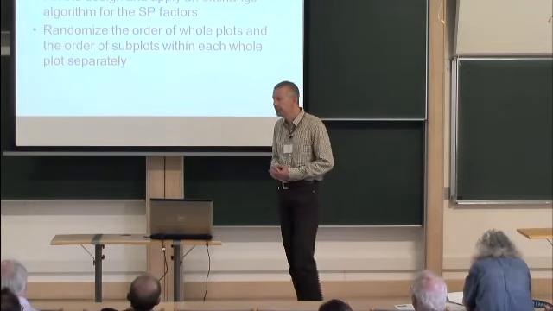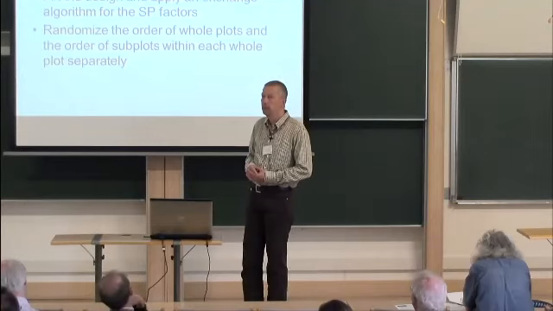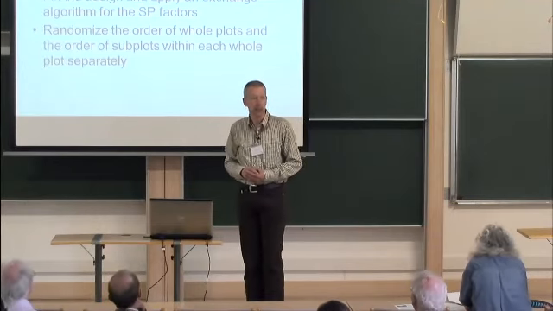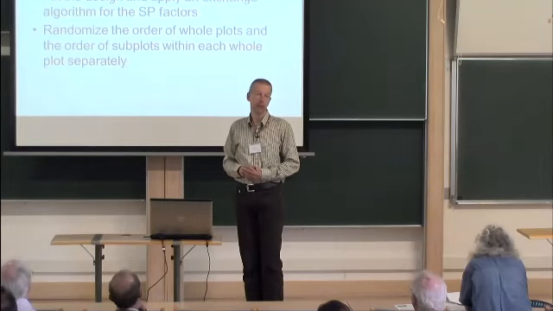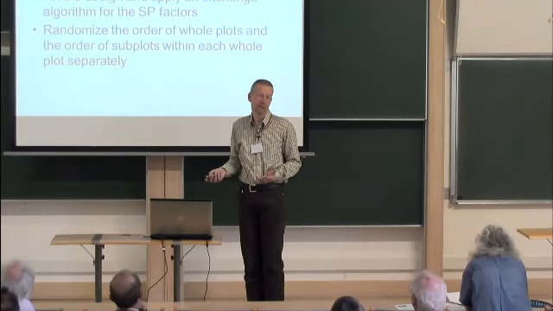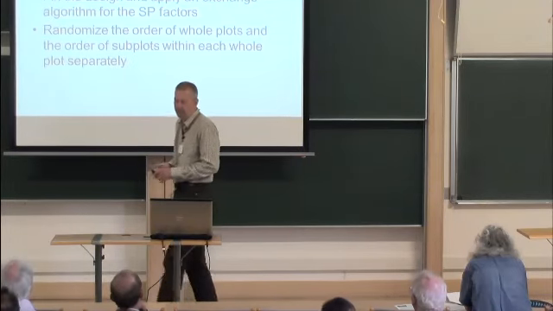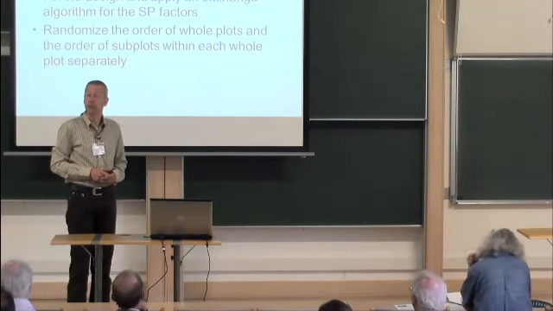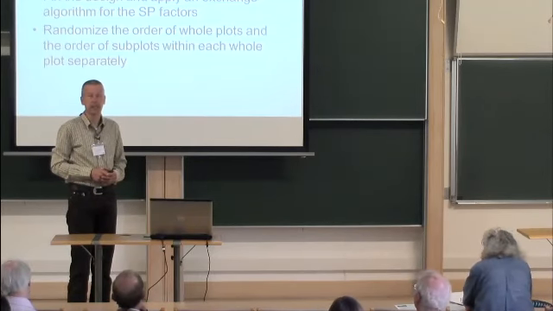I realized that this recommendation could be problematic if there are more whole plots. This is really a little bit tiny example, 6 whole plots only, and it's easy to enumerate all the cases.